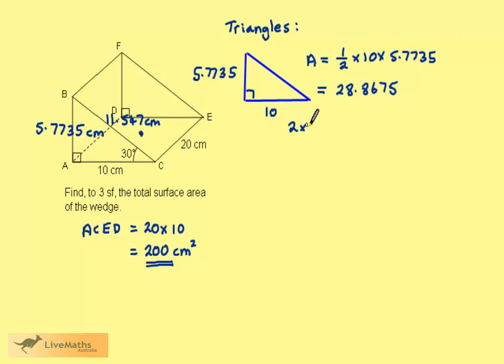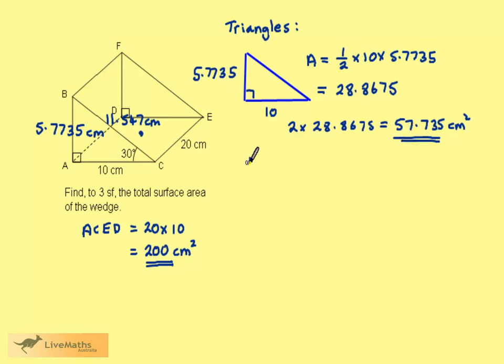We have two such triangles, one at each end, so we need to do the calculation 2 times 28.8675, which gives us 57.735 centimeters squared.